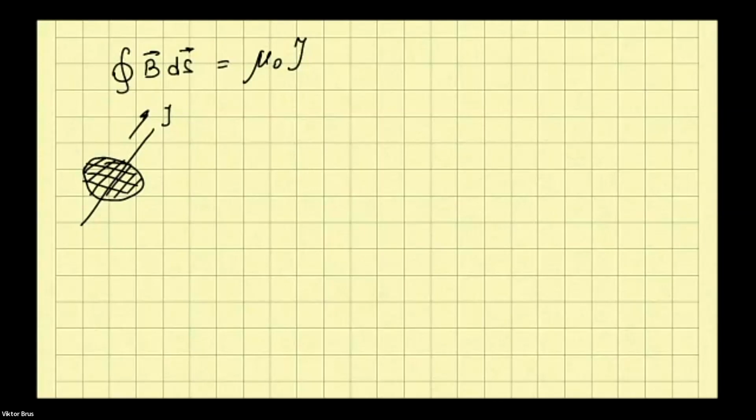So that is Ampere's law. And also we need to remind that electric current is the rate of change of electric charge. So it's the first derivative of electric charge over time.